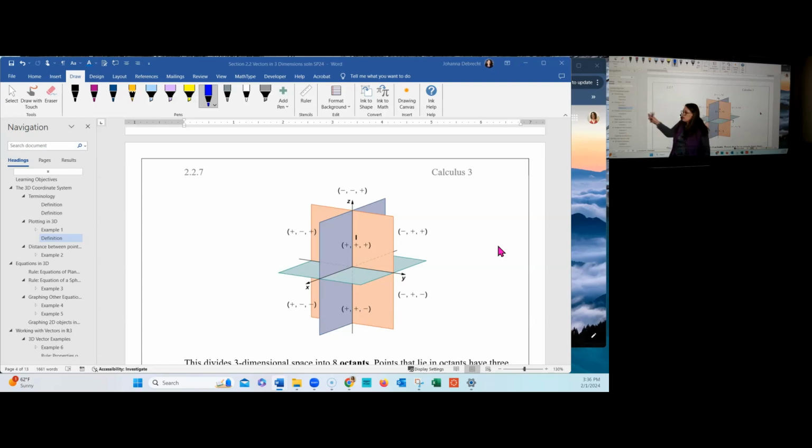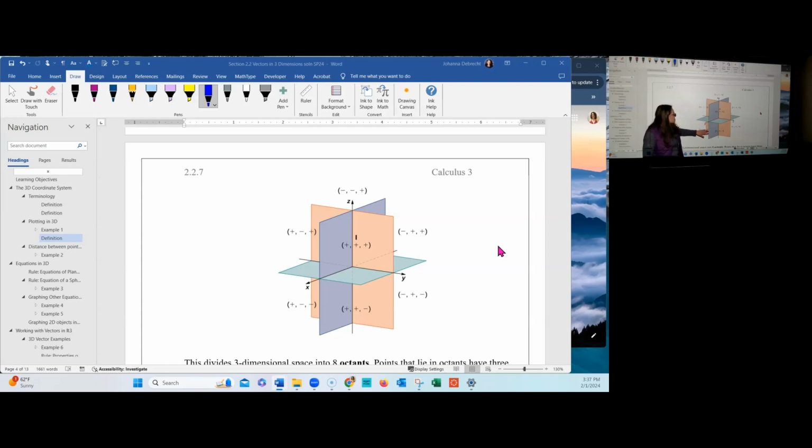Moving behind the screen, but in that direction, if I'm behind the screen and I'm below, X should be negative, Y should be negative, and Z should be negative. And coming out here into octant 8, X is positive, Y is negative, and Z is negative.